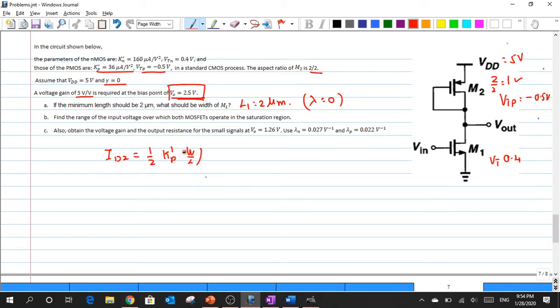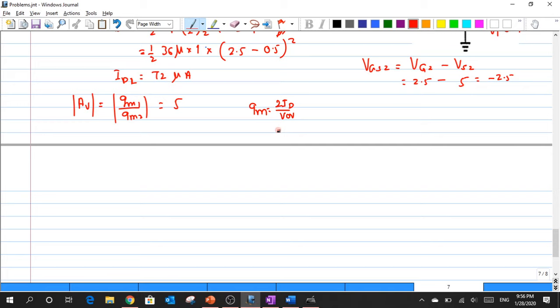So rather than choosing this as my GM expression, I would choose the square root expression in order to compute my W by L factor, since we already know that the W by L factor is fitting inside this GM expression.